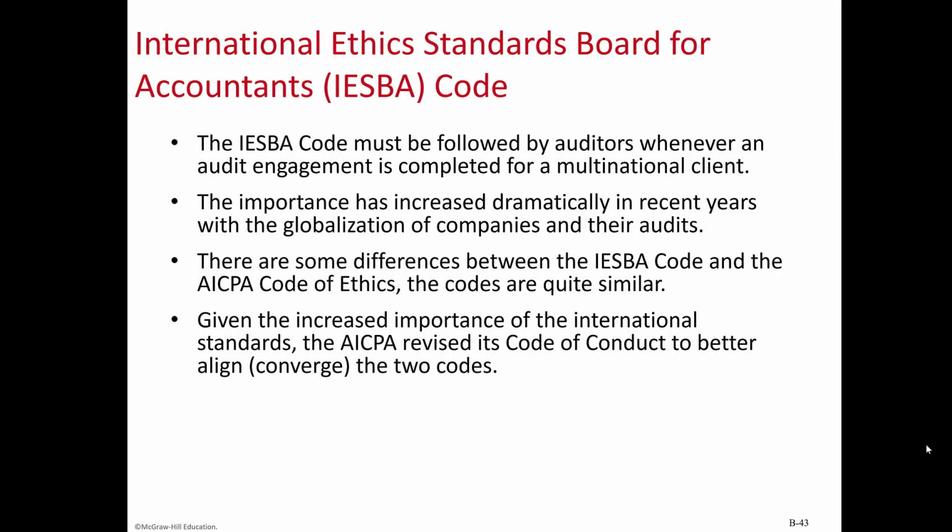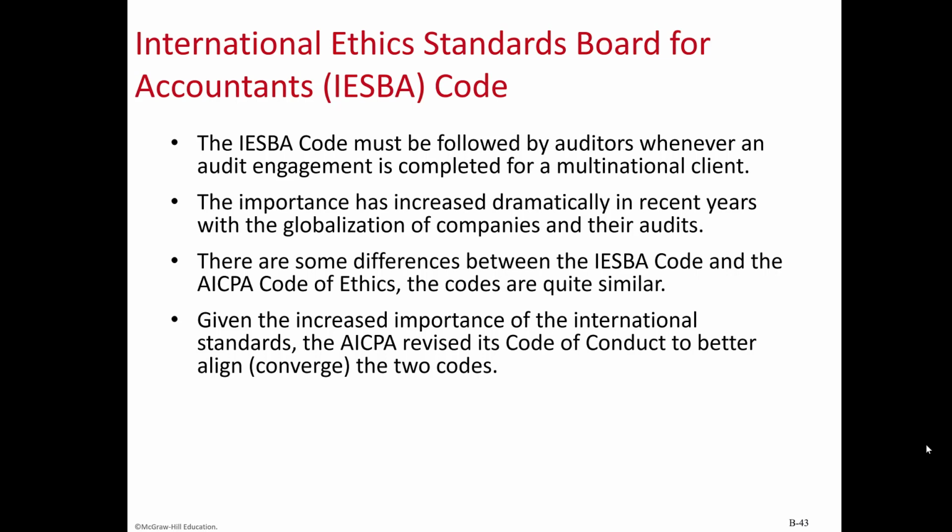Let's talk about the International Ethics Standards Board for Accountants, IESBA. And their code states that it must be followed by auditors whenever an audit engagement is completed for any type of multinational client. So the importance has increased dramatically in recent years when we've had so many companies that have globalized and then people are conducting their audits.